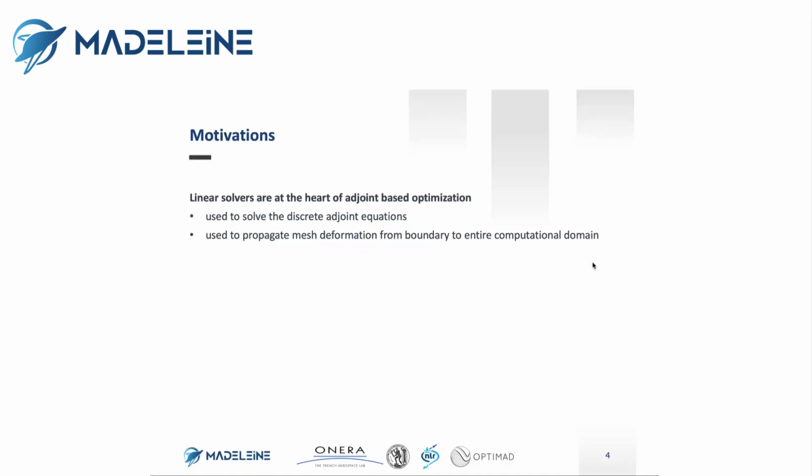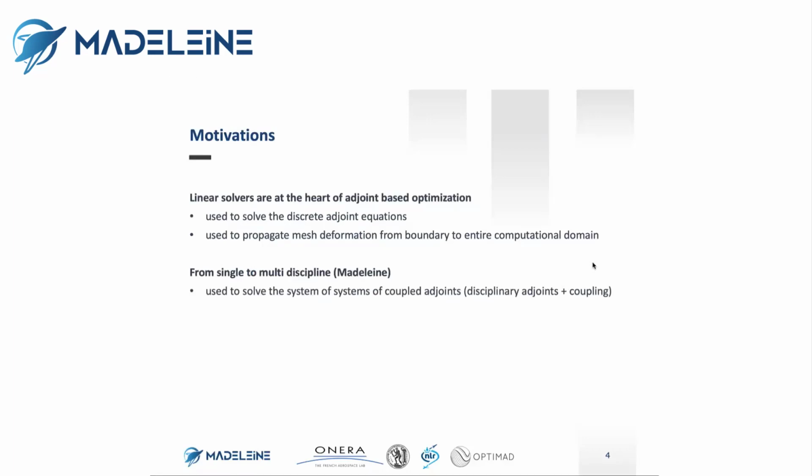Again, we'll see an example of how linear solvers can affect the cost of the mesh morphing step. But then there's something very particular to Madeleine.